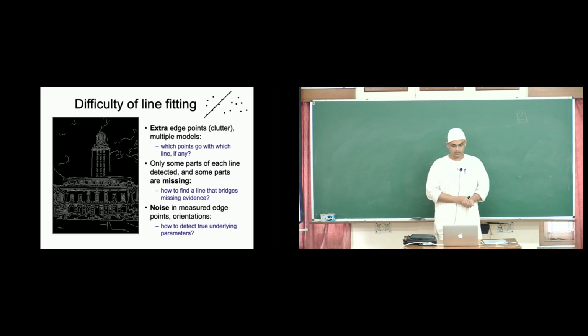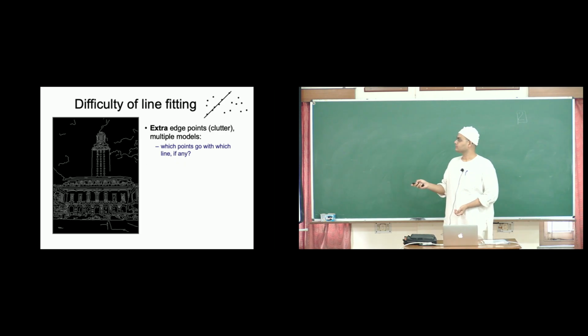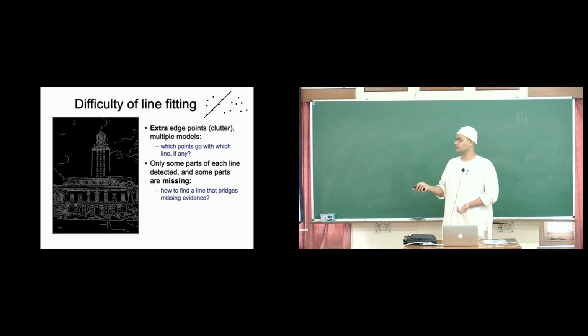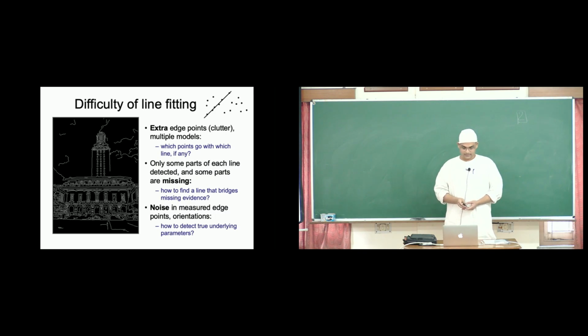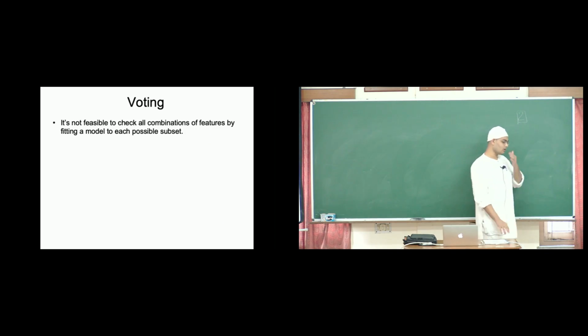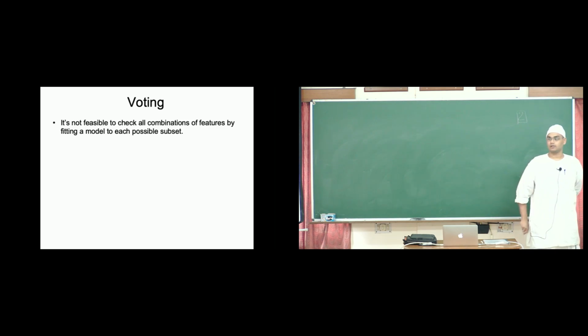Now how can you get rid of the noise? There are some noises here in this example, noises in the edge image itself, and sometimes because of the noise you may not get the line by itself. So how to get rid of that? The main idea is voting.